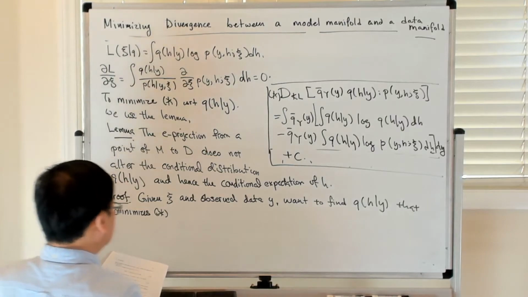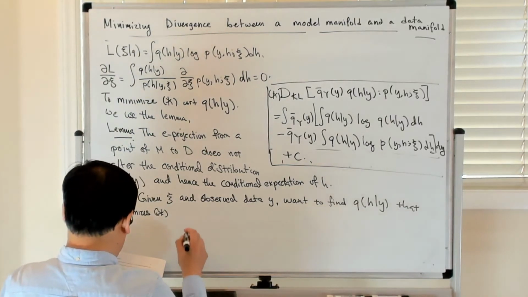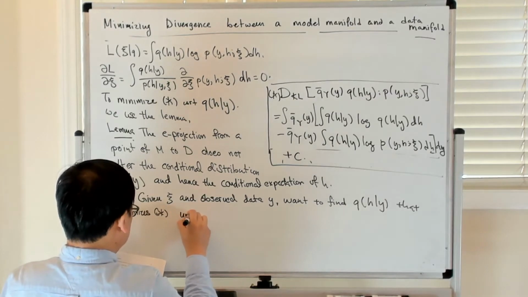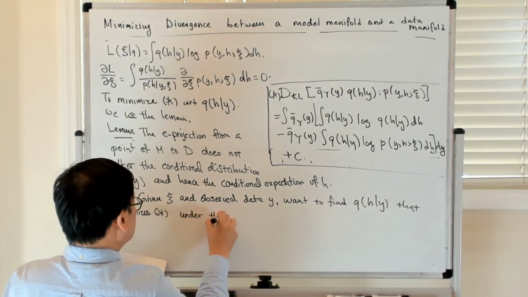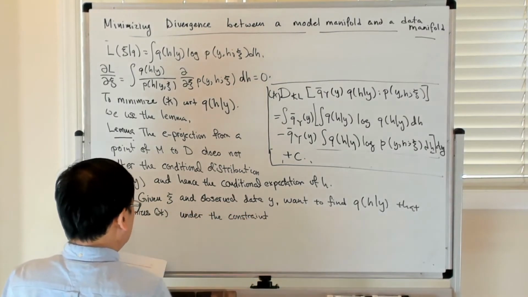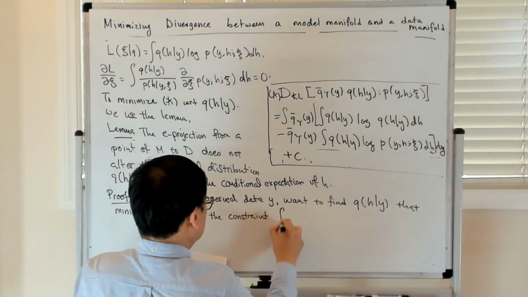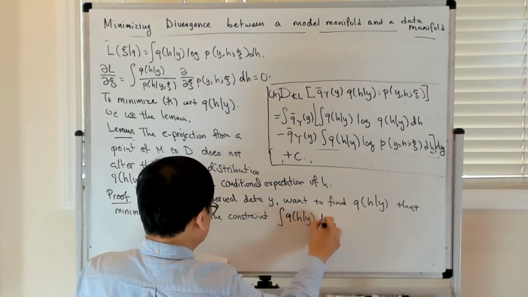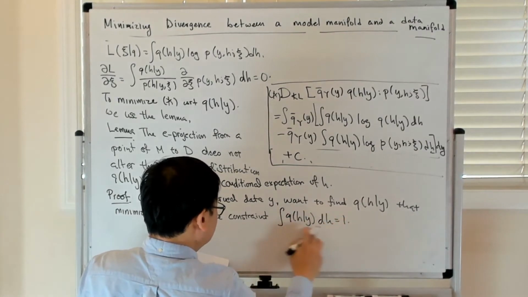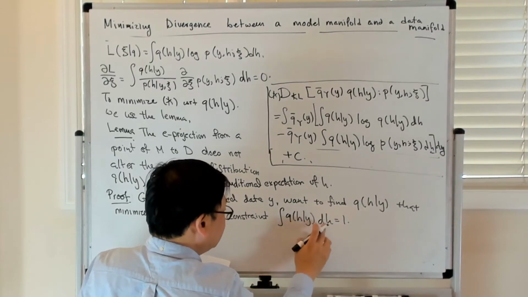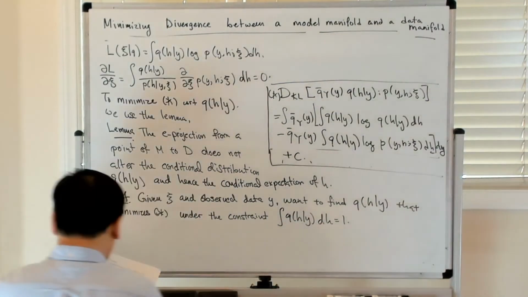So you have a constraint: the integral of Q(H | Y) with respect to H is equal to 1. This is a conditional probability distribution, but still a probability distribution on the hidden variables.